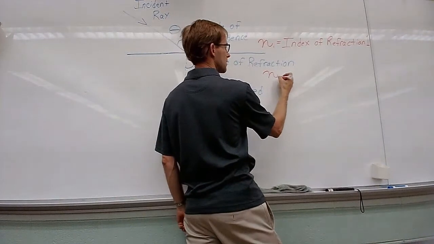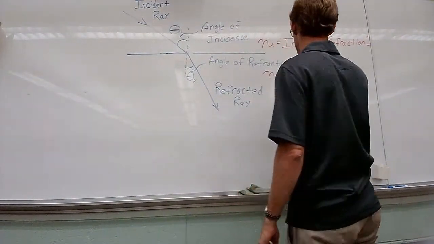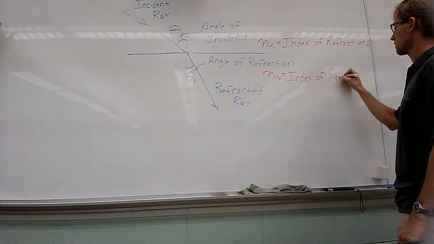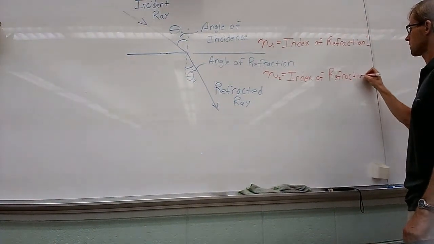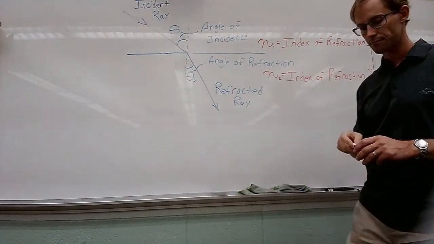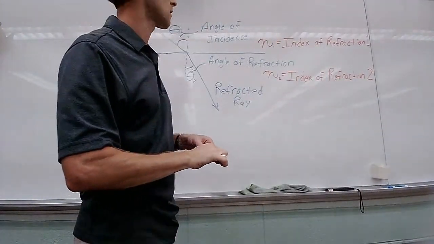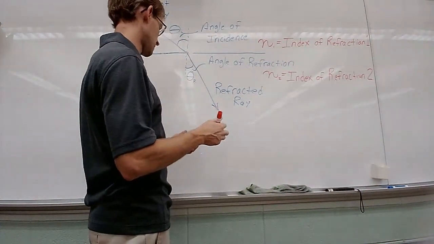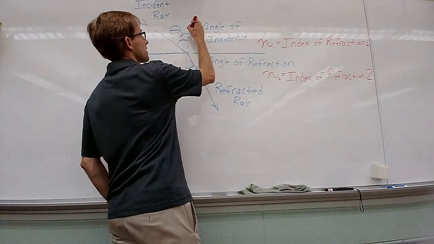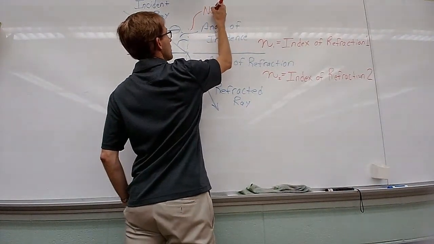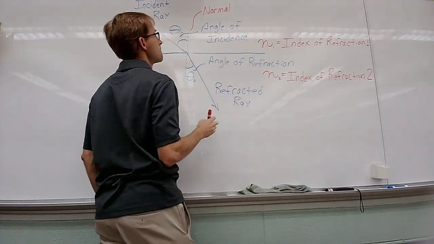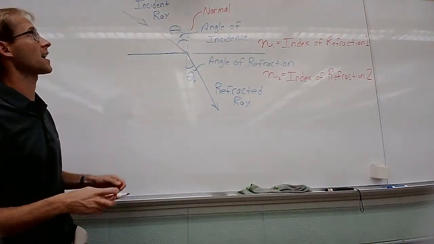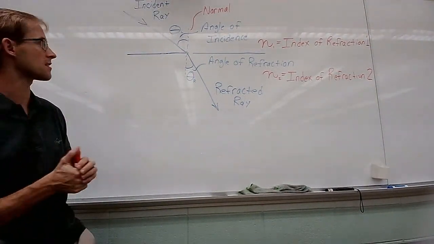And the one here would just be the same thing, just number 2. It's the second index of refraction. The last thing you need to write down is that this little dotted line is called a normal line. So if I say make sure you draw your normal in, that's what I mean. You need that dotted line so that we can make deductions based on these angles.